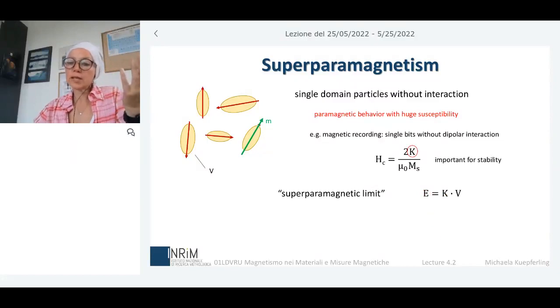And if you reduce it too much, then it becomes comparable with thermal energy. And this would mean that only thermal energy, only temperature, will move this magnetization direction continuously. And then you don't have a storage anymore of your single bit.